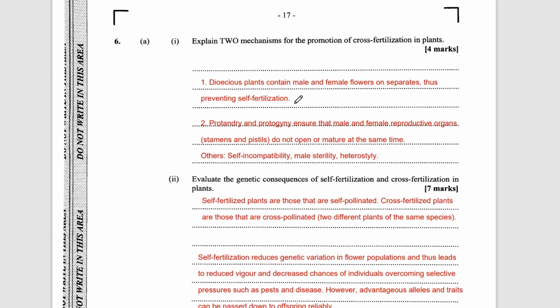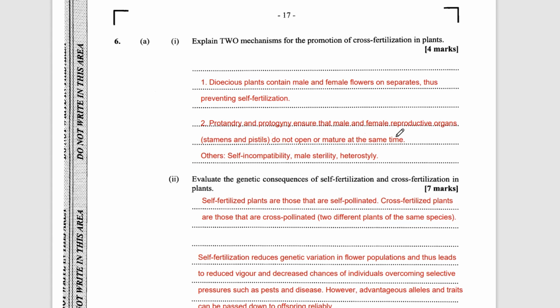So you would have a male plant and a female plant, right? Kind of like cannabis. 2. Protandry and protogeny. Protandry means that the male parts are formed first. Protogeny means that the female parts are formed first. These ensure that the male and female reproductive organs, which are the stamens and the pistils, do not open or mature at the same time.